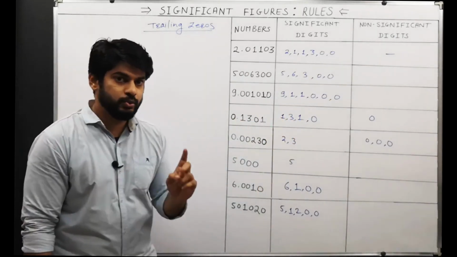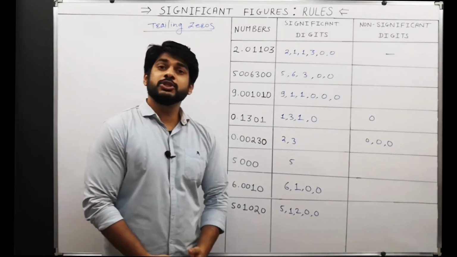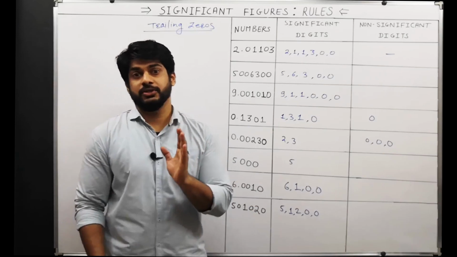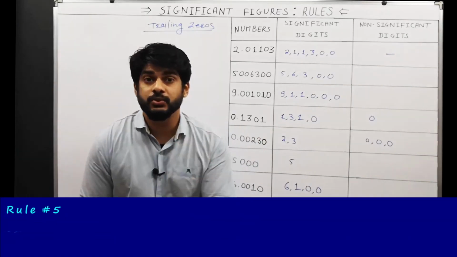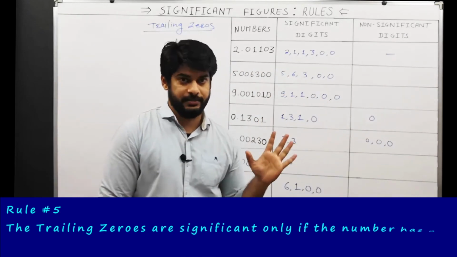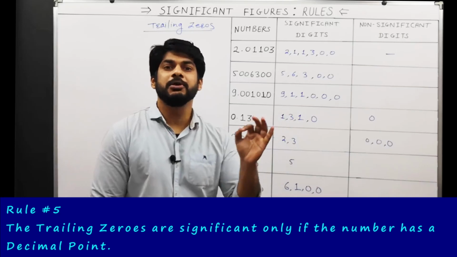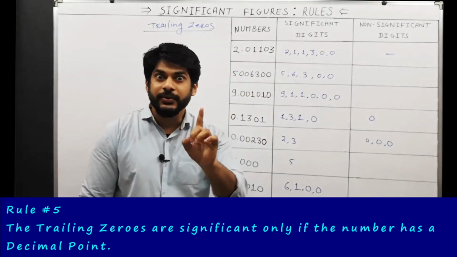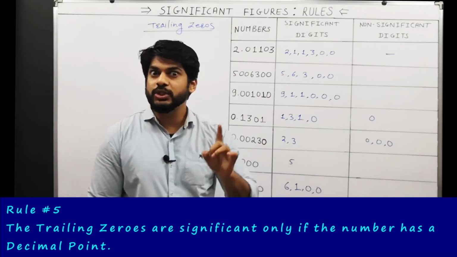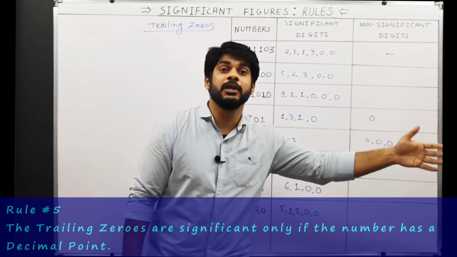The next rule says that the trailing zeros are significant if the number has a decimal point.